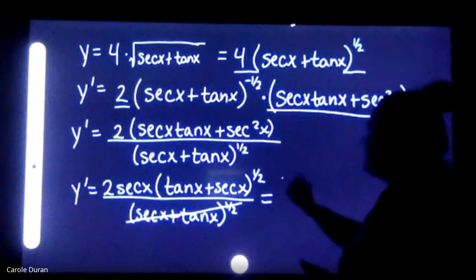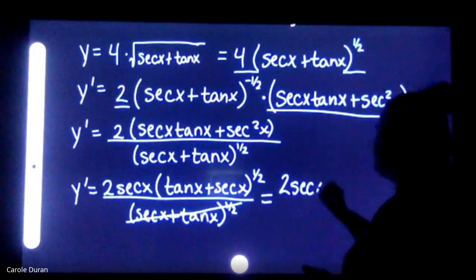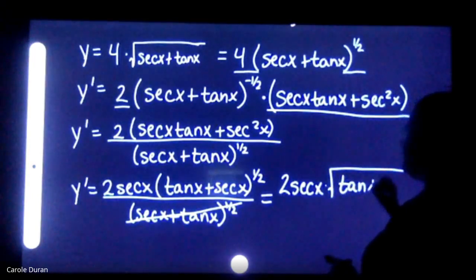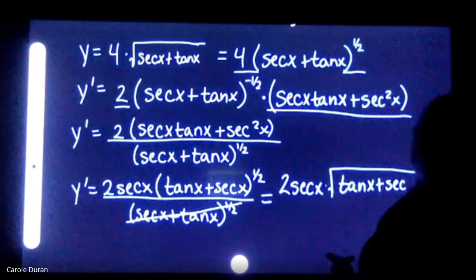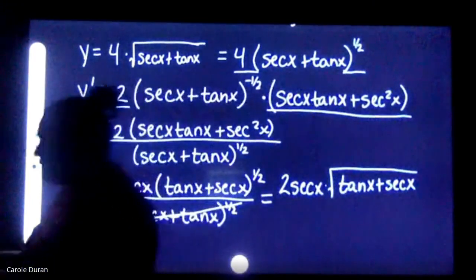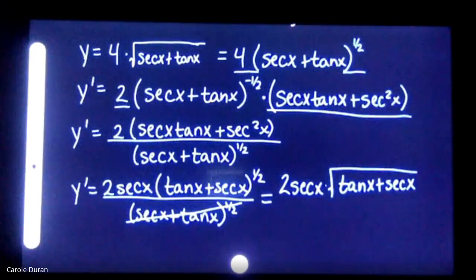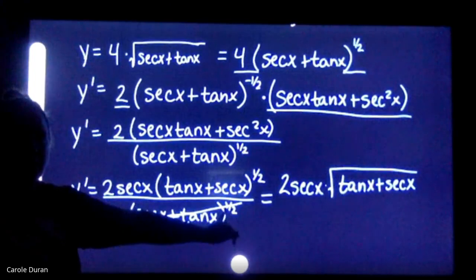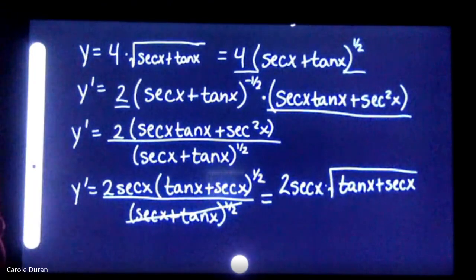So then this becomes 2 secant x times the square root of tangent x plus secant x. And then that one is as simplified as we can go. Why could you not take out the whole thing? Because I didn't have a whole exponent in my denominator, I only had 1/2. So we can only take out what we have.